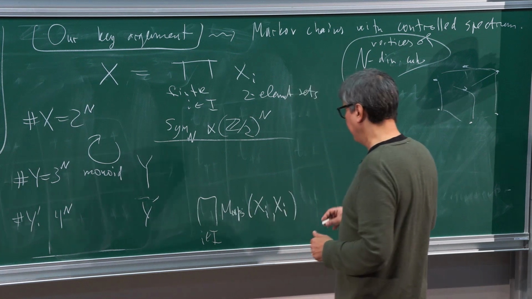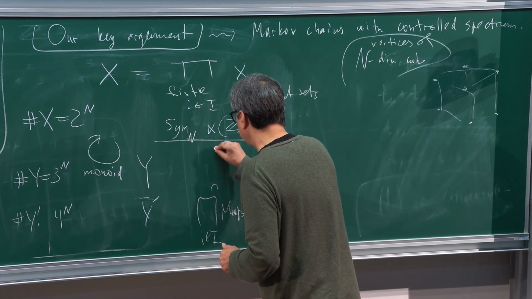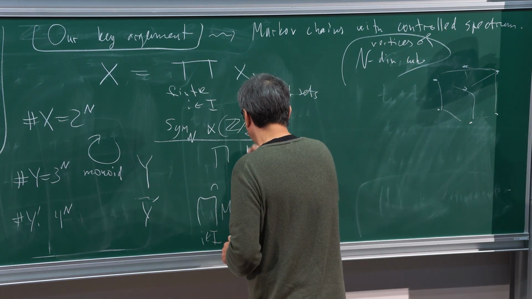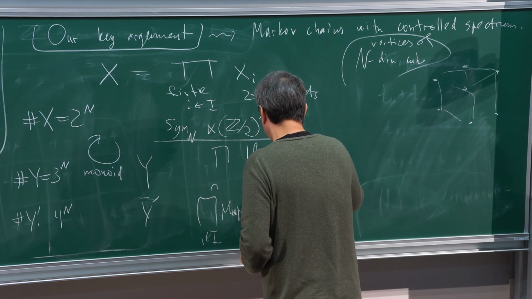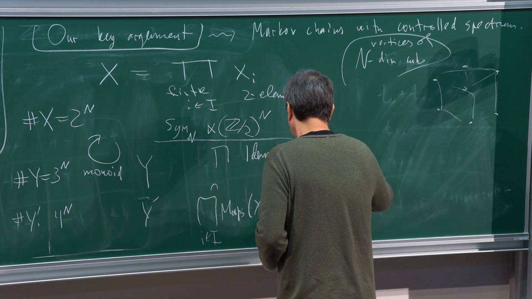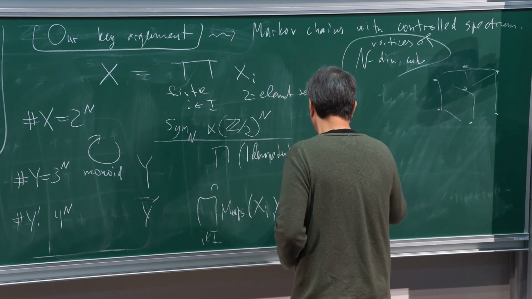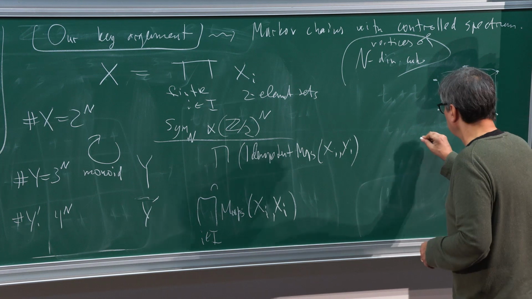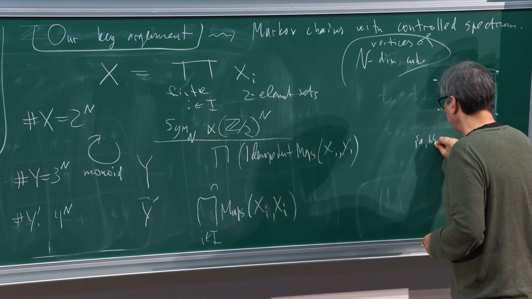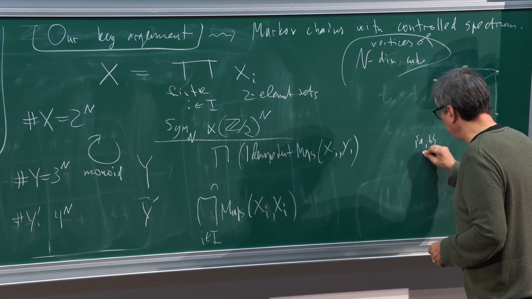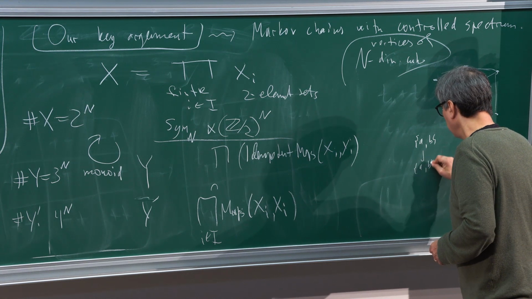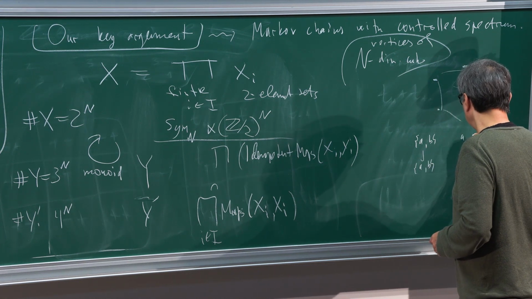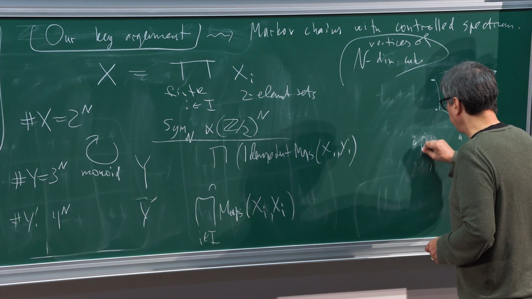It will give the big guy, and it contains the part where you consider idempotent maps from Xi to Xi. If you have a two element set A, B, there is the identity map.